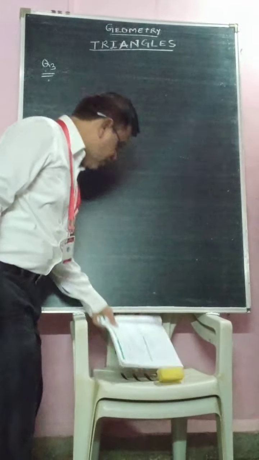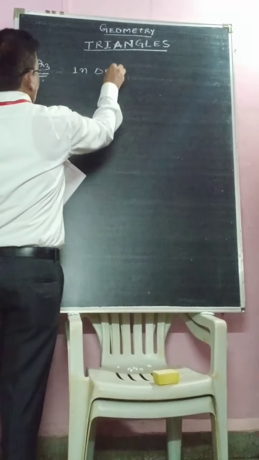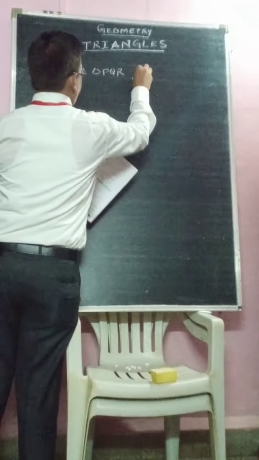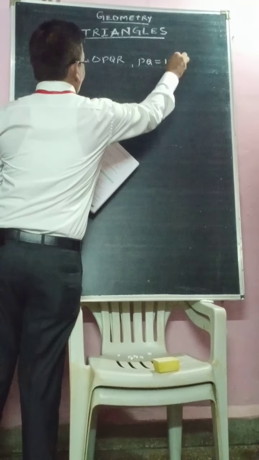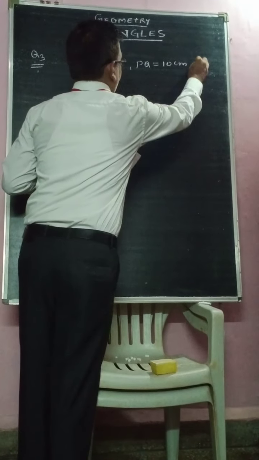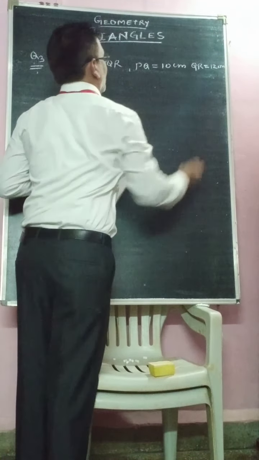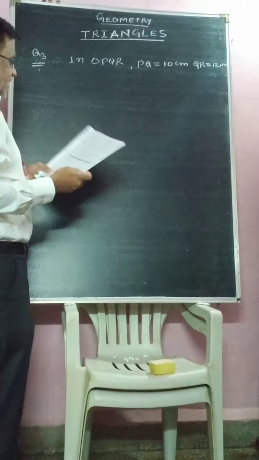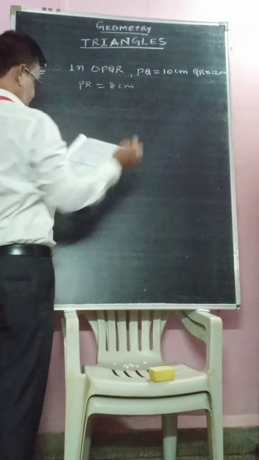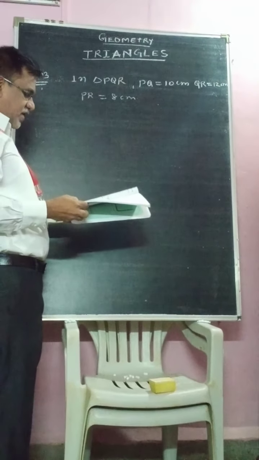In triangle PQR, PQ is 10 centimeter, QR is 12 centimeter, and PR is 8 centimeter. Find the greatest and smallest angle of the triangle.